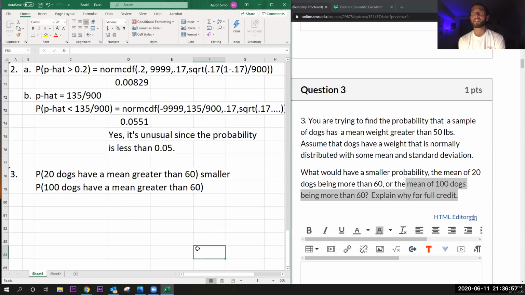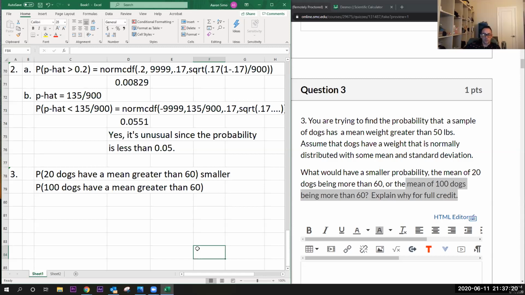But maybe what I'm saying is that the outliers go in the 20 dogs' favor, because that's what could make them higher than the mean weight. If there's a dog that weighs, say, 90 pounds, then that could make the mean weight go more towards 60. Whereas with the 100 dogs, it's probably going to be 50.